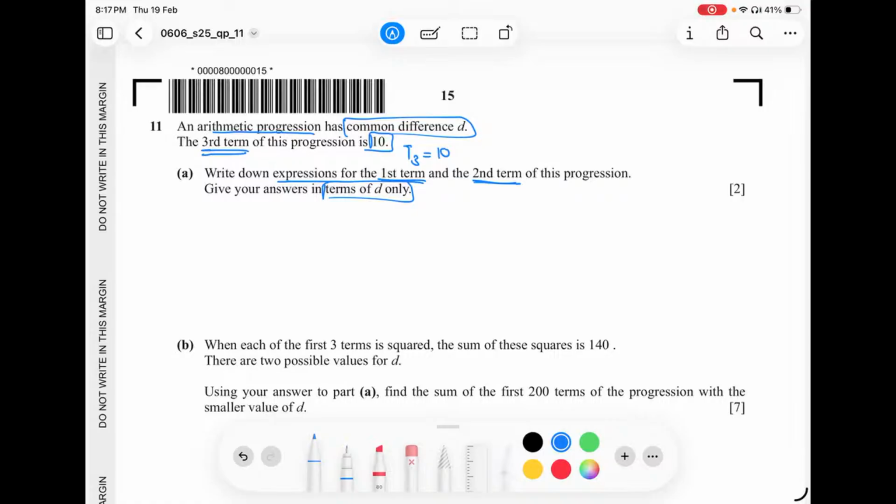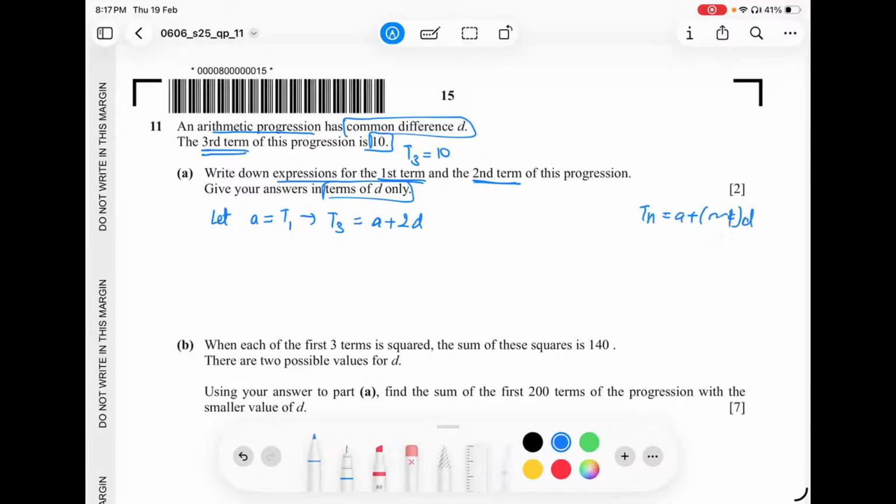So let's say let a be T1. To get to T3, what happened here is you added 2 times d. So a plus 2d, from Tn being a plus (n minus 1)d.